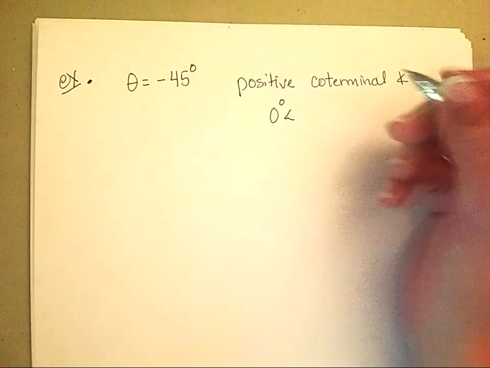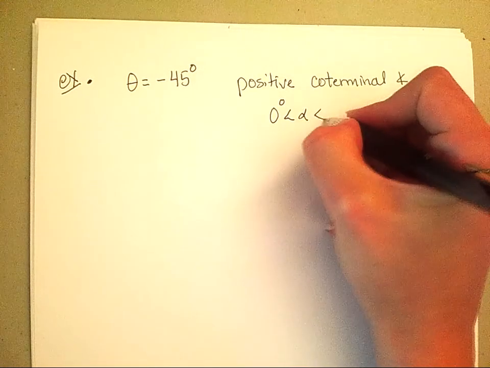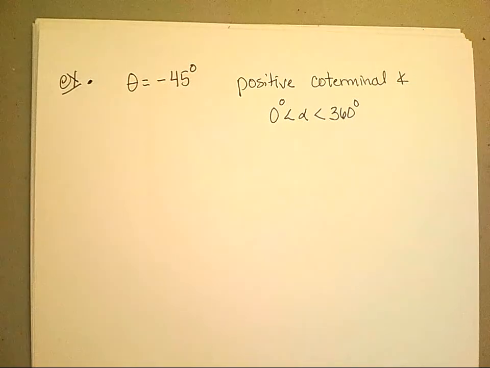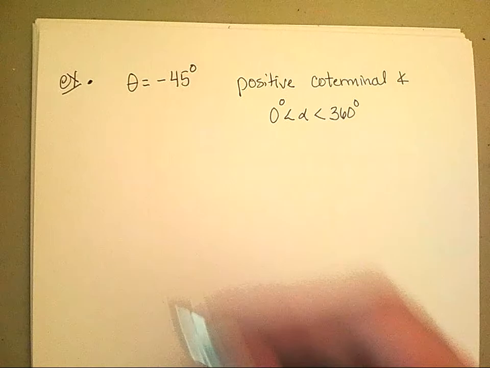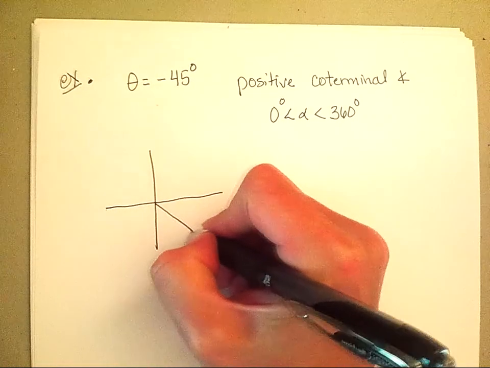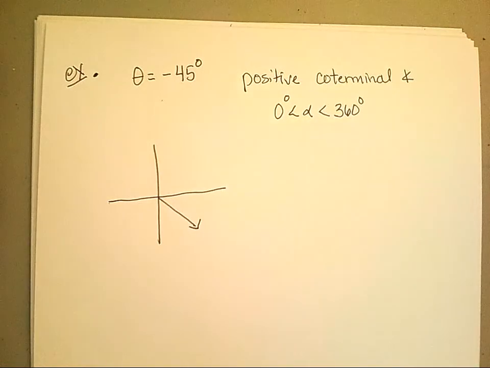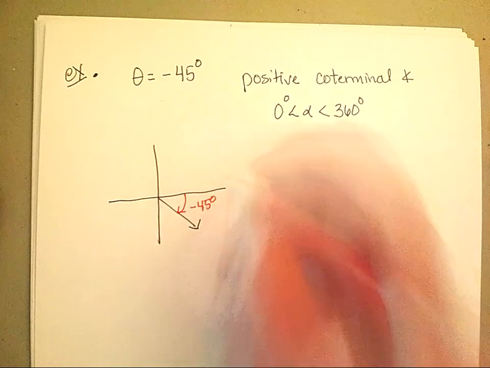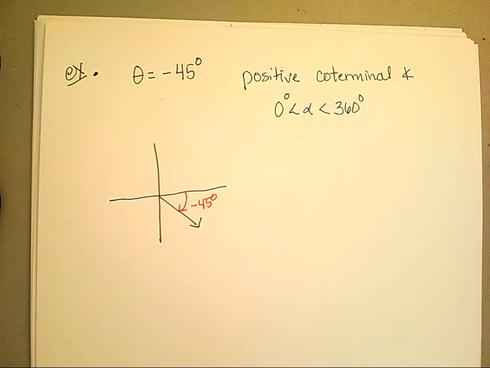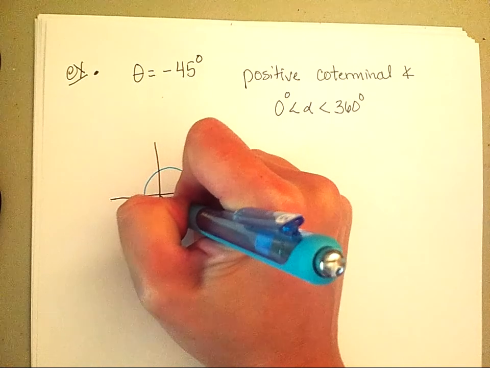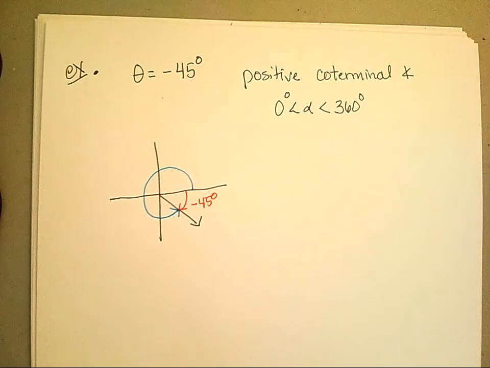That is, I want to find another angle, we'll call it alpha, that goes between 0 and 360 degrees. So this is theta, which is negative 45 degrees. But what I would like to find then is the angle in positive rotation that is coterminal with that.